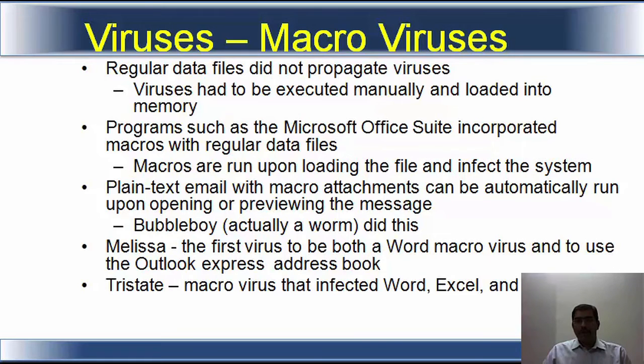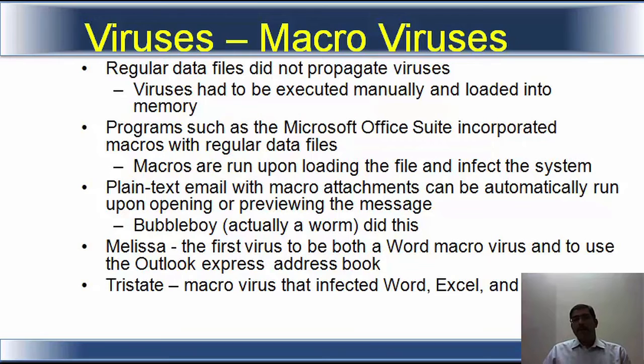Bubble Boy, it's actually a worm but classified under macro viruses, did this function of automatically running when opening or previewing the message. Then Melissa was the first virus to be both a Word macro virus and to use the Outlook Express address book.